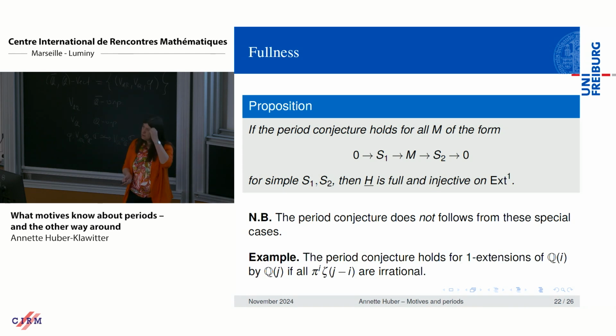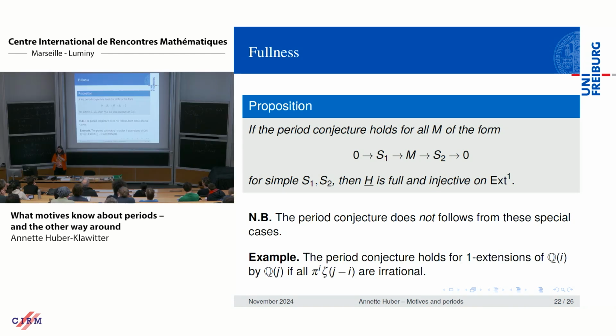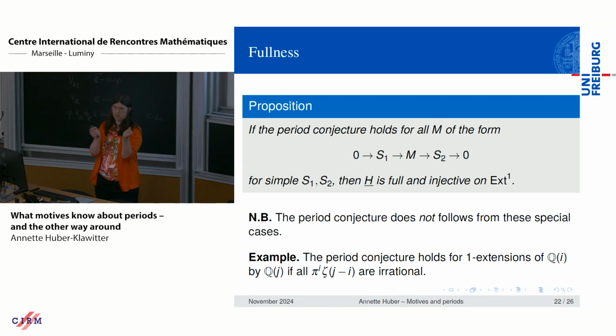If you look at the case of mixed Tate motives, if you only look at 1-extensions of simple ones, so 1-extensions of two Tate twists, then the period numbers that we're talking about are powers of π times the value of the Riemann zeta function at some integer. And what the period conjecture predicts is that these numbers are irrational.